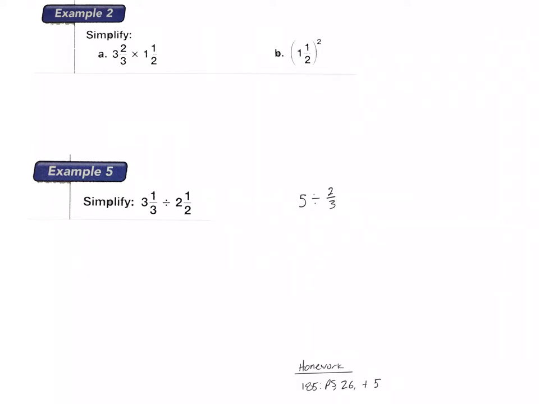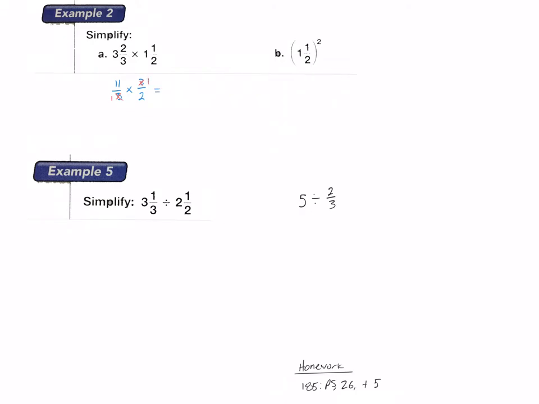So let's try a couple more. First, we're going to convert these into improper fractions. So 3 times 3 is 9, plus 2 more is 11. So 11 over 3. 2 times 1 is 2, plus 1 more is 3. So 3 over 2. I'm going to remember that I can reduce before I multiply. 3 goes into 3 one time, and 3 goes into 3 one time.